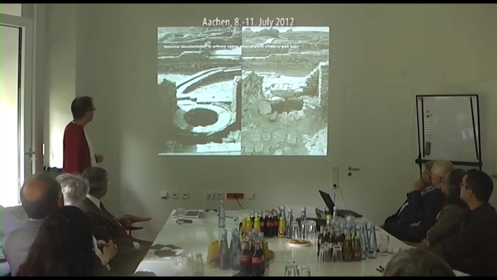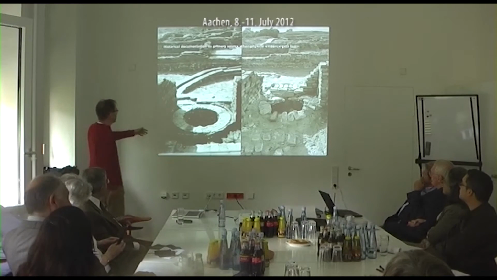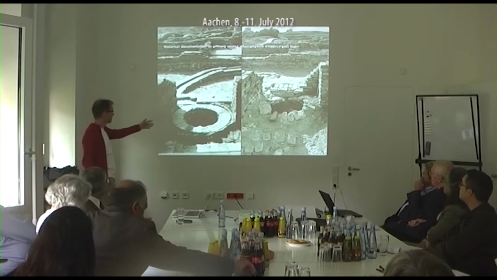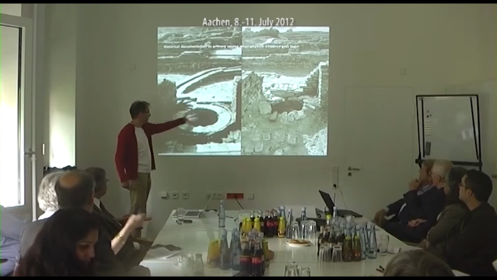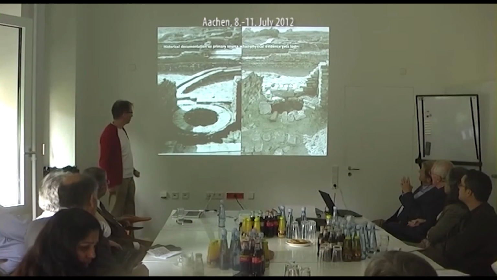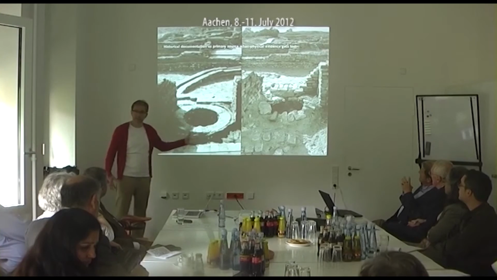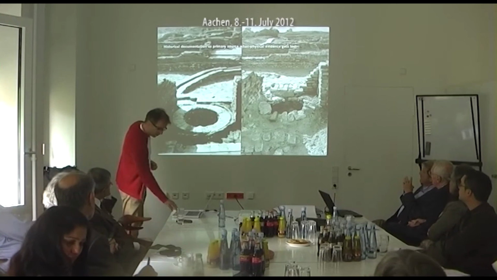It's what we call historical documentation as a primary source, because physical evidence gets lost. This is a worse example where you see the well, when excavated, was still very well preserved, and now it's more or less, at least at the top, a room.